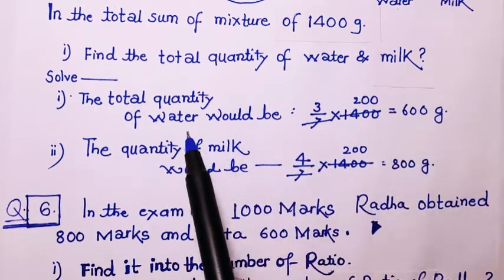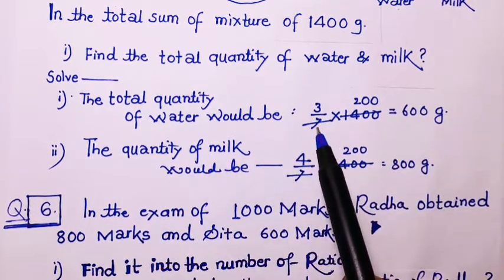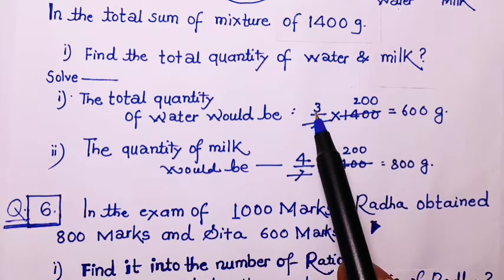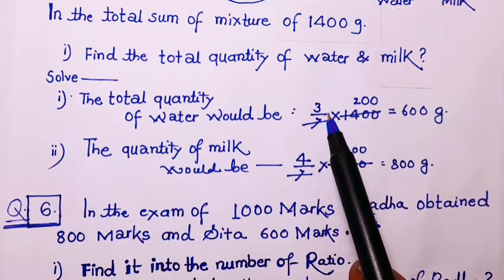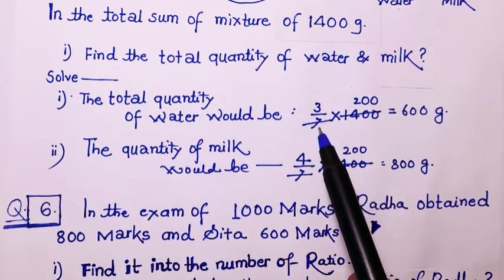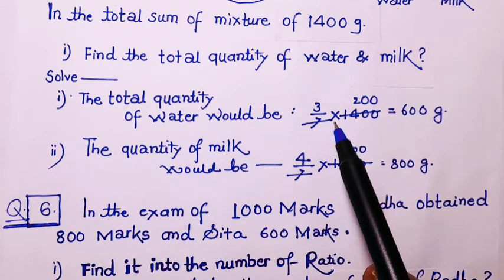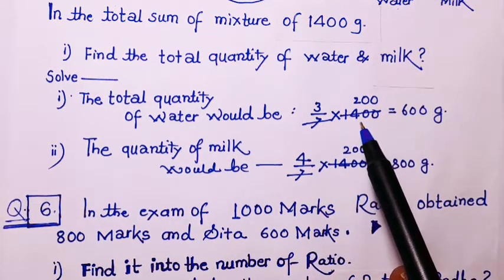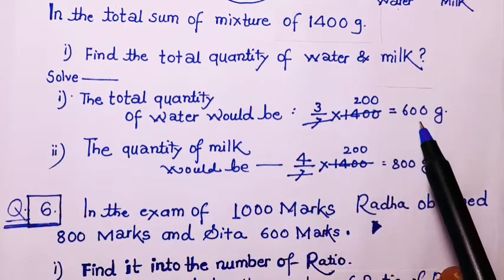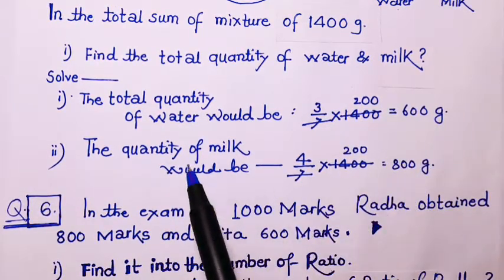Here 3 is the particular portion of water, and 7 is the total sum of the ratio, into 1400, the total amount. So finally we get 600 grams.